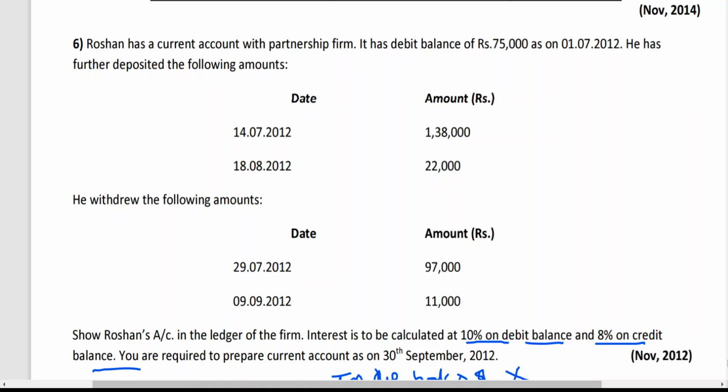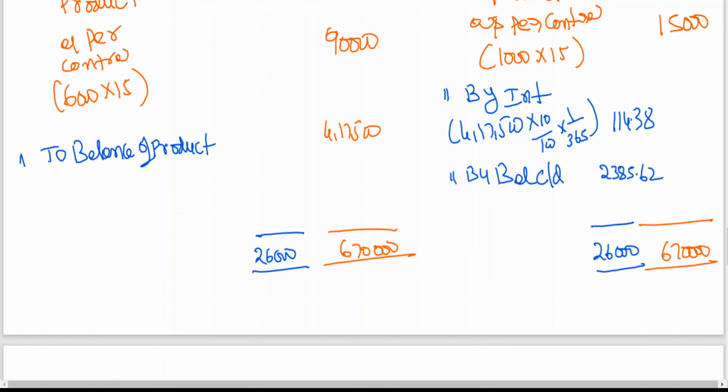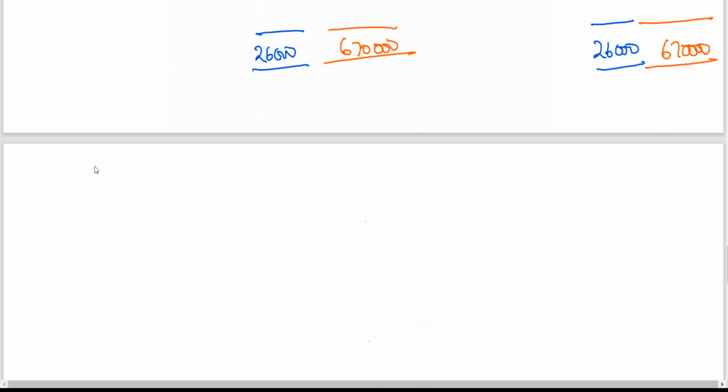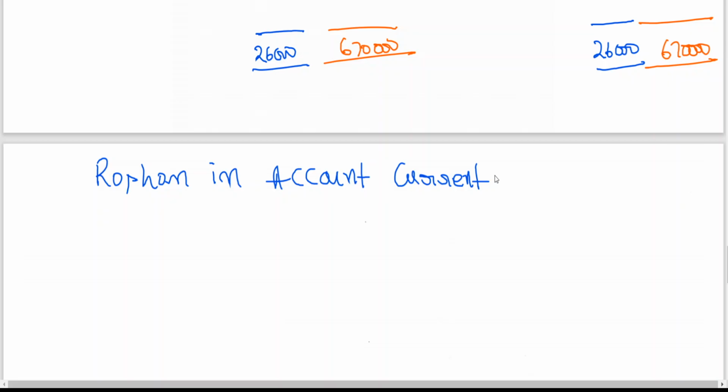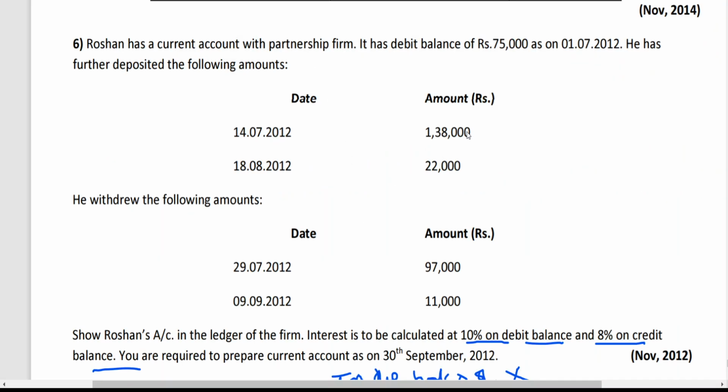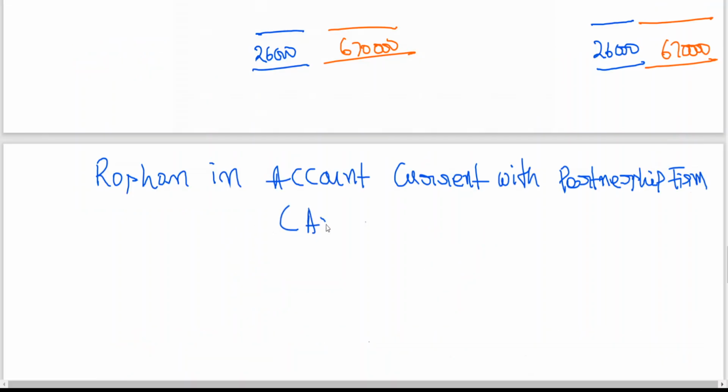So the heading will be Roshan in account current with partnership firm, as on 30th September 2012. Problem number 6, we write the heading here.